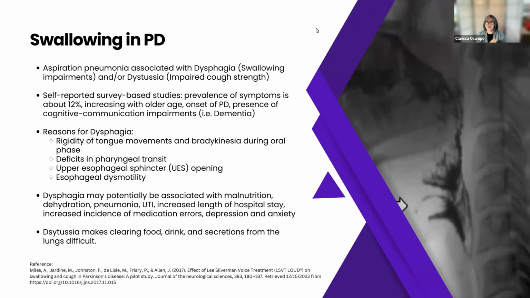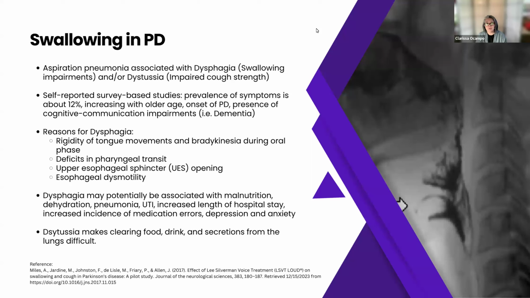So when the voice starts to get weak, I would say most of the time, or most likely, there will also be some sort of swallowing difficulty because now things are going into your airway. So with swallowing in Parkinson's disease, there is what's called aspiration pneumonia associated with dysphagia.